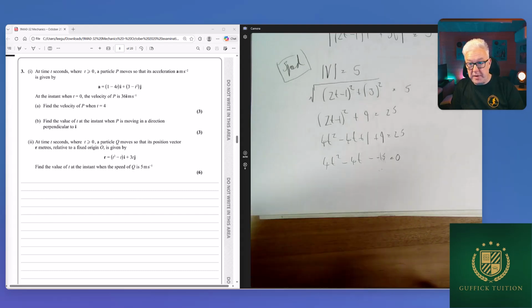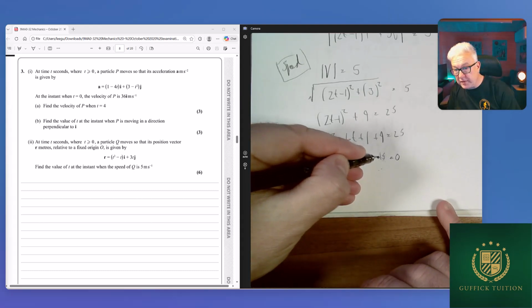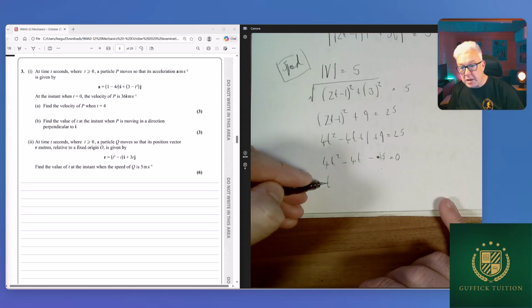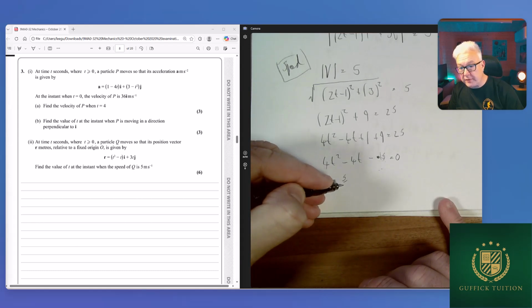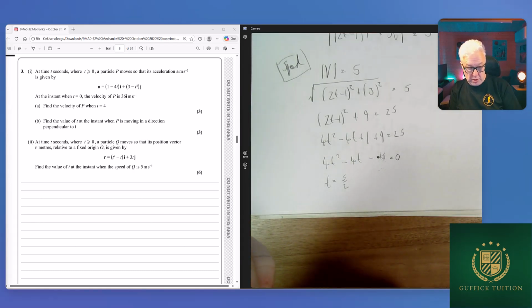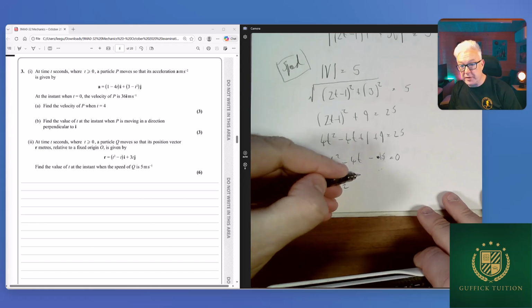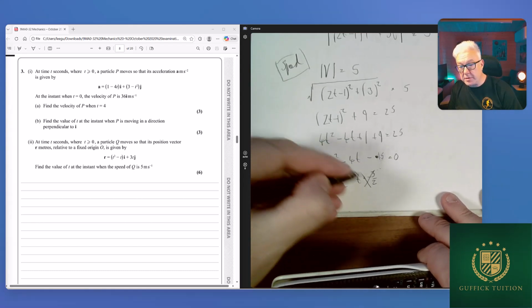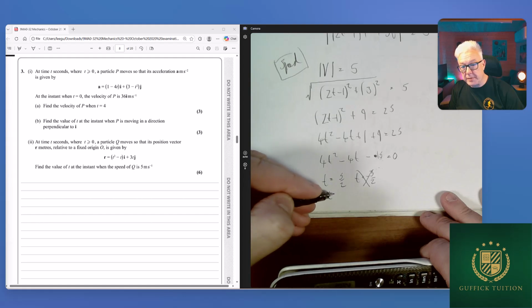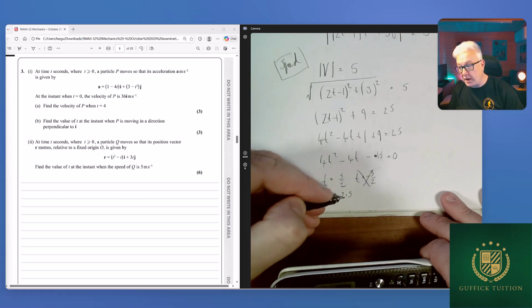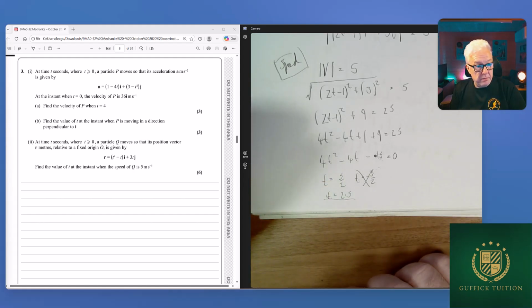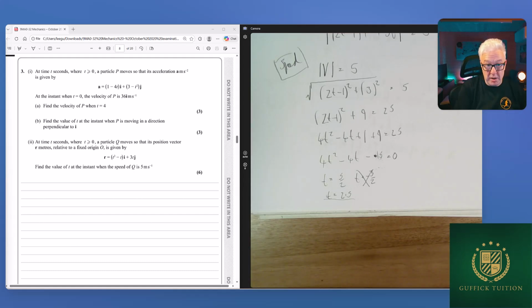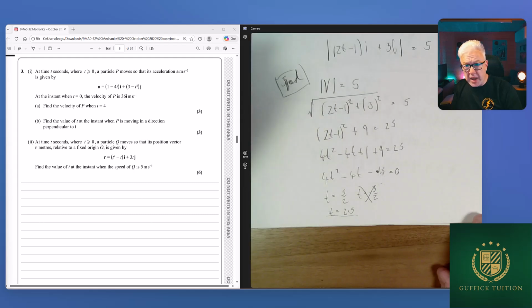So that's giving me t is equal to 5 over 2, or t is equal to minus 3 over 2. t is greater than 0, so we don't want that one. So it's going to basically be t is 2.5 here. So yeah, find the value of t. Oh, that's it done.